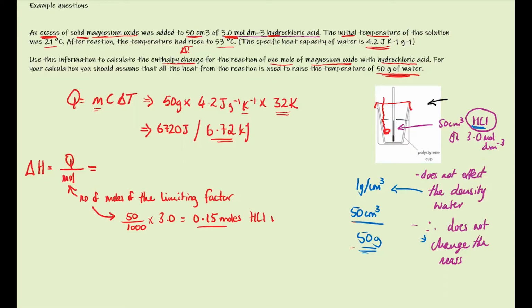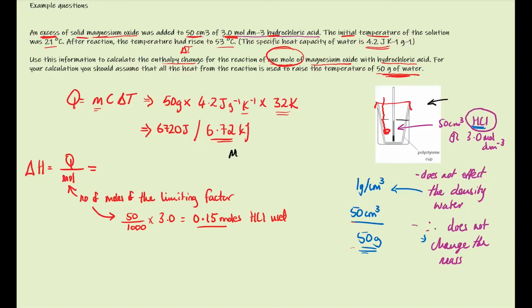Now, this is the number of moles of HCl used. We cannot make the assumption that it is equivalent to 1 mole of magnesium oxide if I use it here. I need to make sure I look at the equation before I input this into the calculation of enthalpy change. So I'm going to start writing the equation just up here.